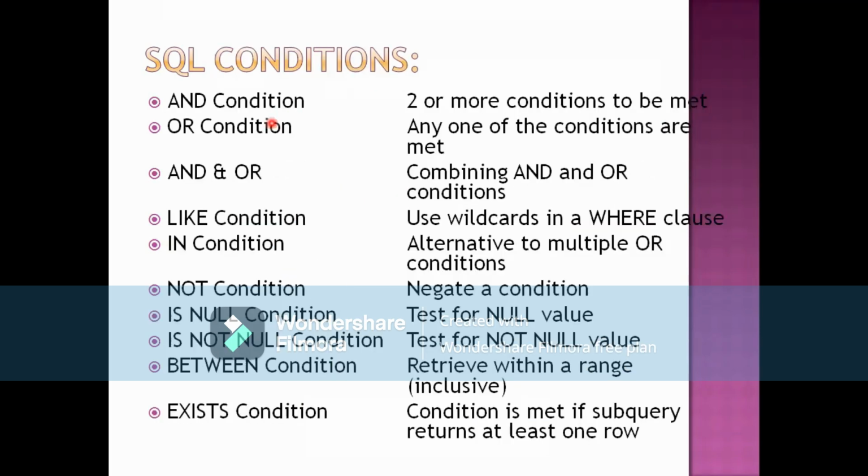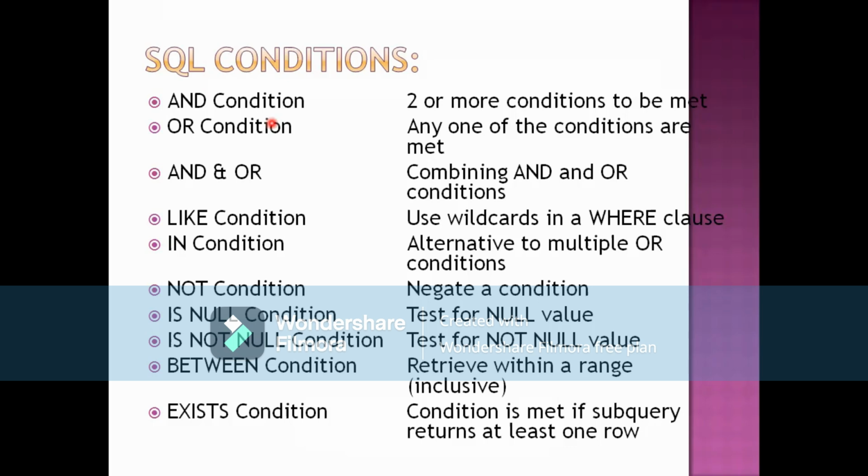And the next one is conditions, SQL conditions. So what are the SQL conditions? Different types of conditions are available: AND condition, OR condition, AND-OR condition, like that. What is the AND condition?